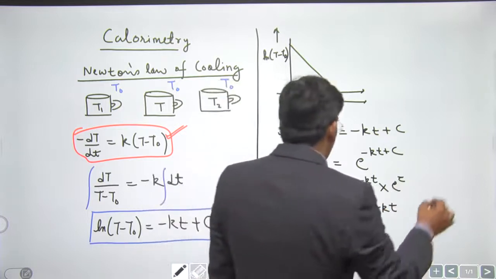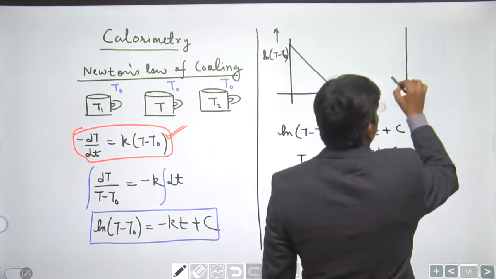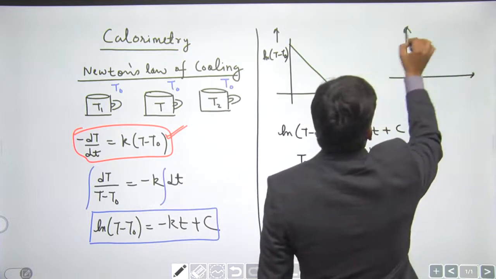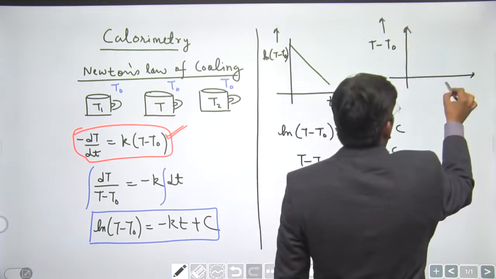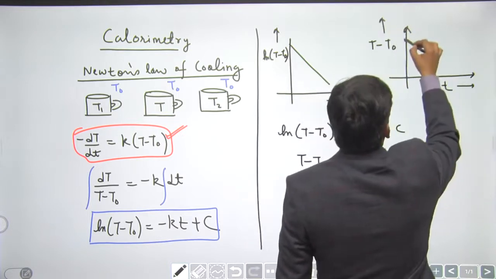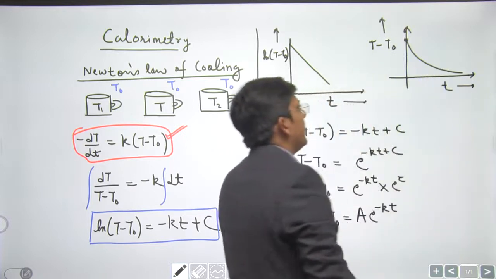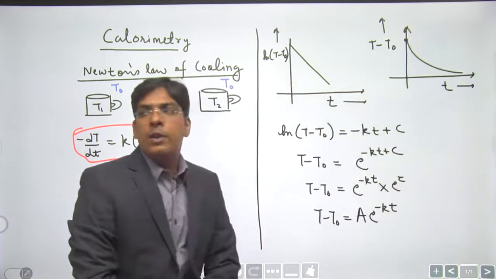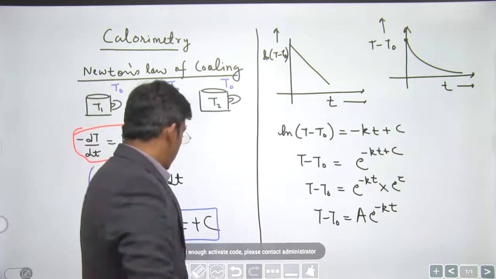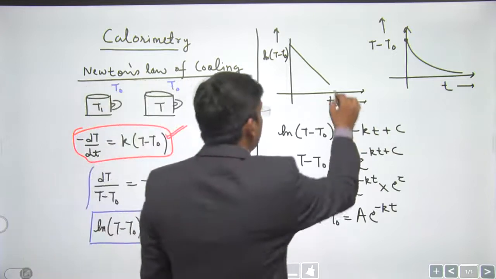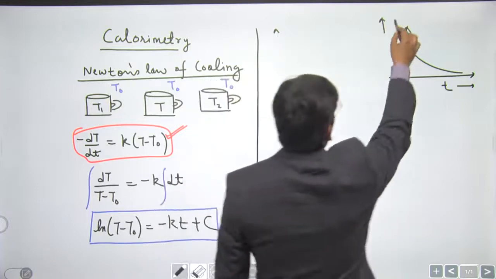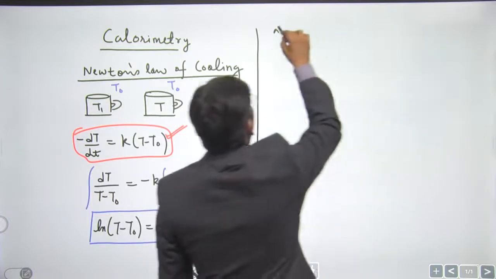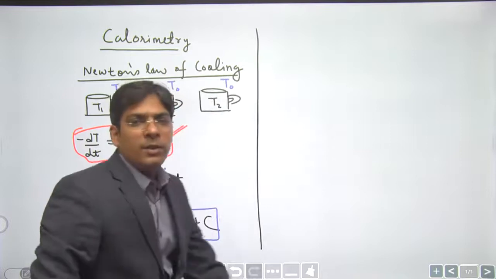So when you plot a graph between the difference in temperature of system and surroundings, you are basically going to get an exponential decay with time, right? So this shows an exponential decay, dear students. Kindly note down, dear students.